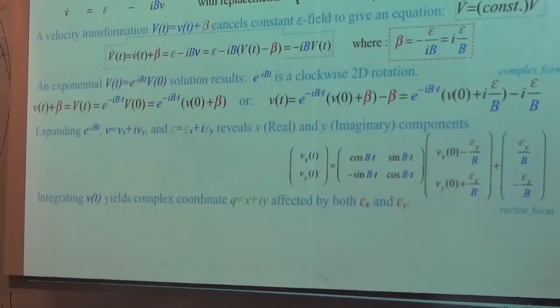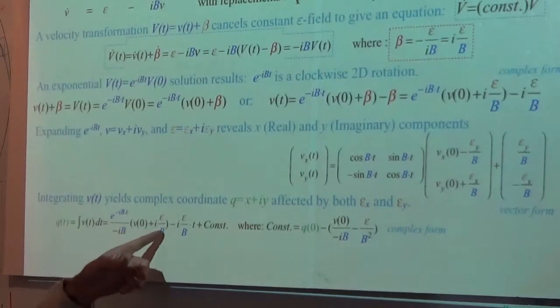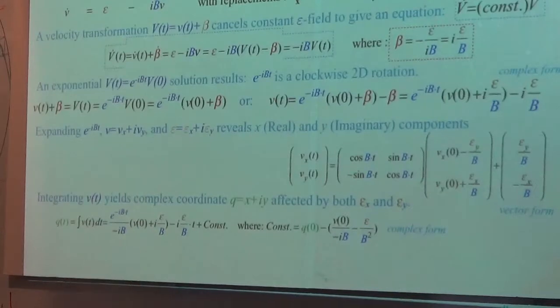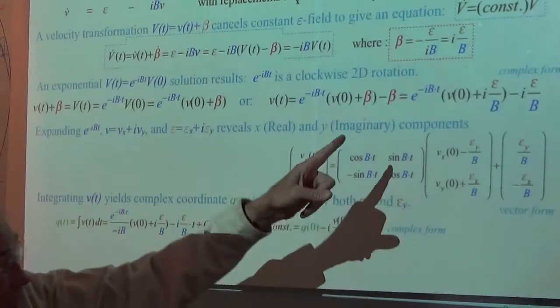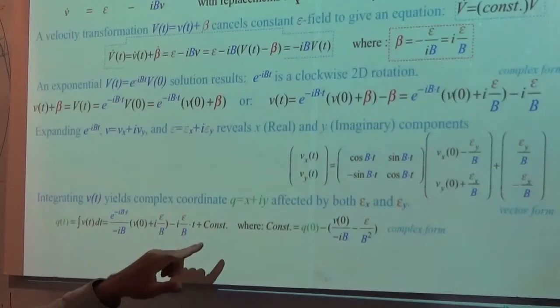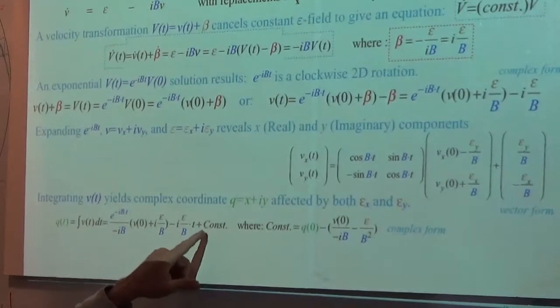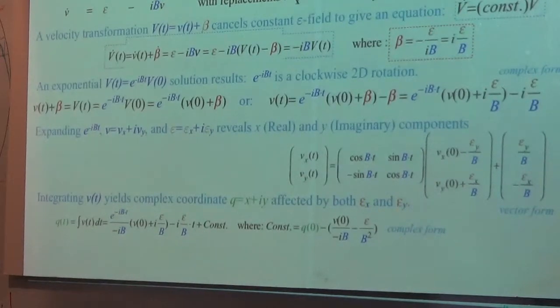Next step is to integrate the velocity. I have to do just a plain old integral of this function that I have right here. I'm going to end up with an extra constant on this, and I can solve for that constant very easily.